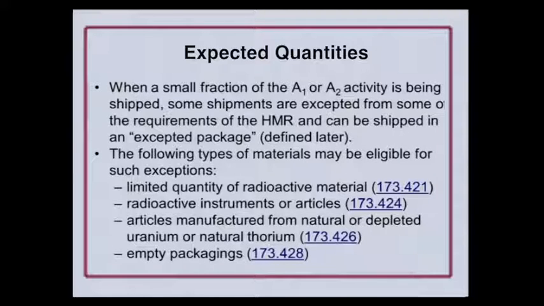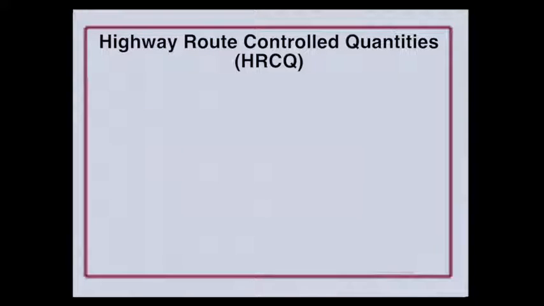On the other end is this thing called highway route control quantities. HRCQ. It deals with material that is substantially more hazardous from a radioactivity standpoint.